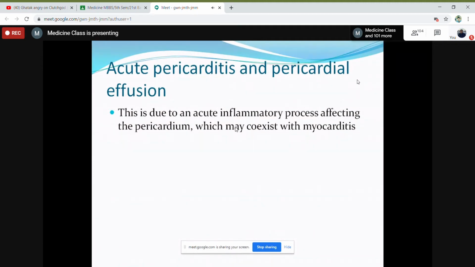Acute pericarditis is due to the acute inflammatory process which affects the pericardium, and most often it may coexist with myocarditis. It is the most common pathological process involved in the pericardium.